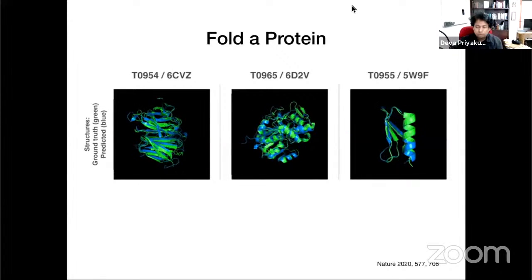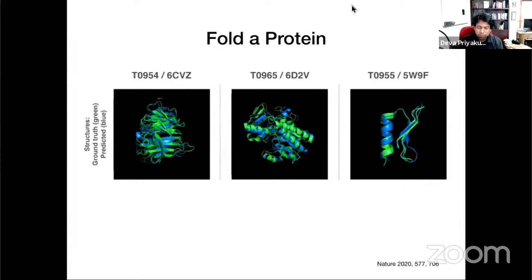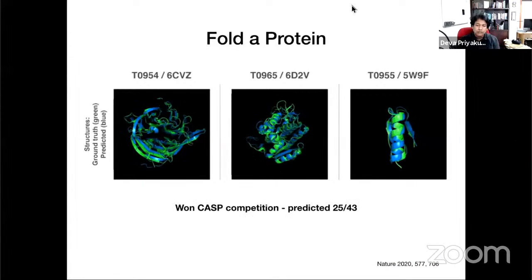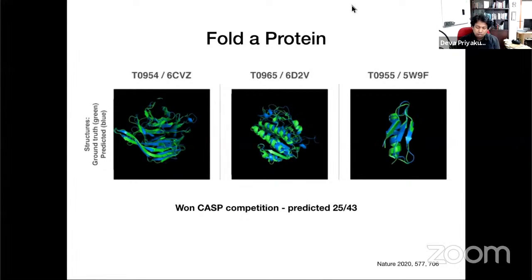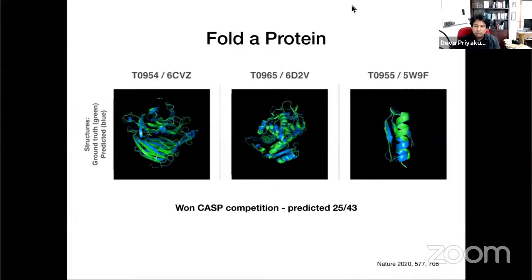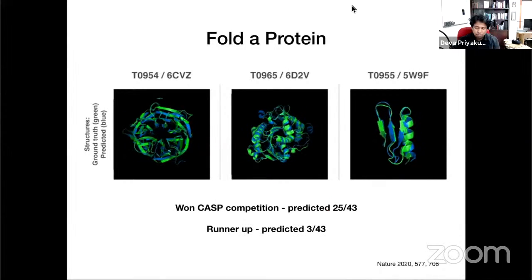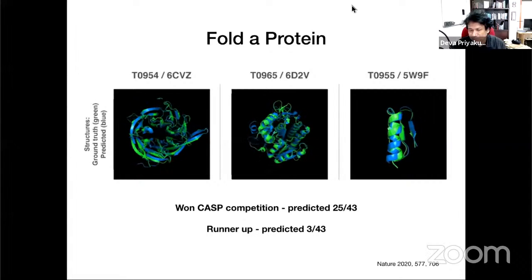This got published recently, and this was actually a competition called CASP, right? This particular method predicted 25 out of 43 structures accurately, and the runner-up predicted 3 out of 43, with respect to a certain measure.